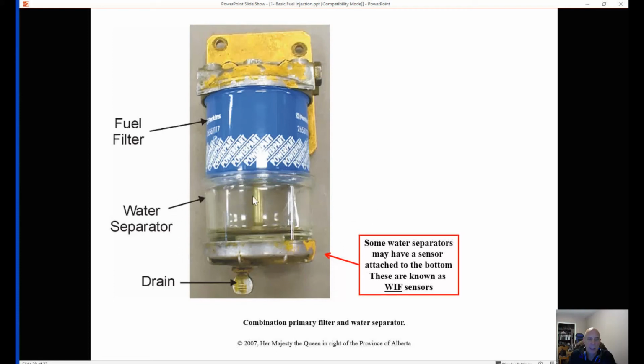So we might see a glass or a plexiglass container that we can see any water that's in there. And remember, diesel fuel is lighter than water, so water will always sink to the bottom. Some of these water separators also have a sensor, a WIF sensor, water in the fuel sensor, and they will trigger a light in the cab if it detects water in the fuel.